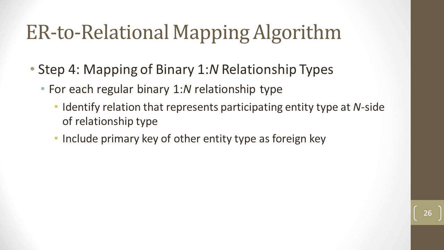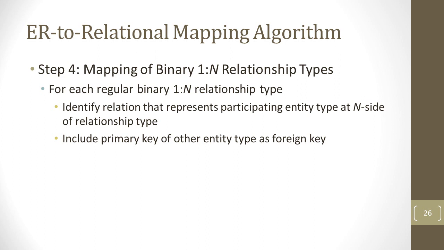So you're going to include the primary key of the other entity type as a foreign key. So inside the employee relation, you're going to have a foreign key to the department relation. So whatever's on the n side is going to have a foreign key to the other side.